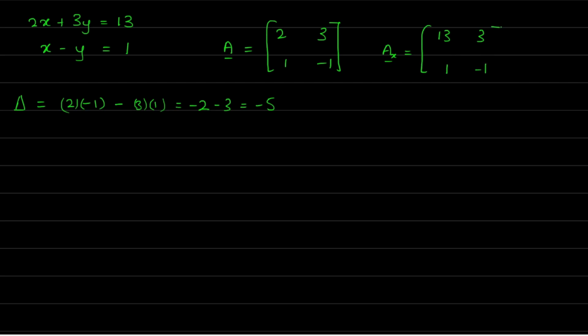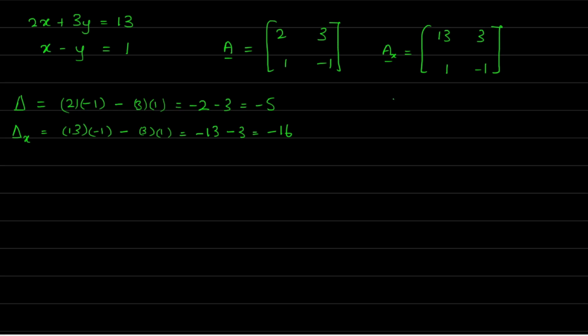So then we find the determinant of that also, which we are going to denote as delta x, which is equal to 13 into minus 1, minus 3 into 1, which is equal to minus 13 minus 3, which is minus 16.